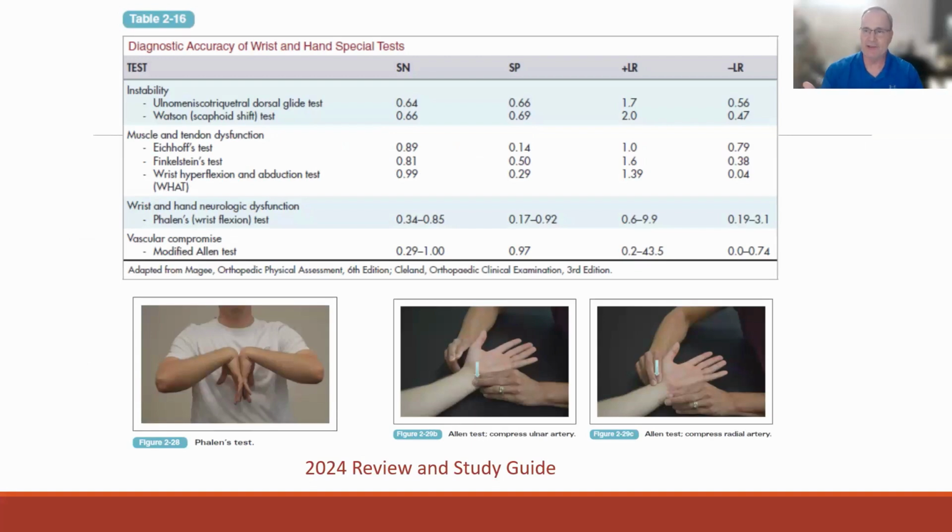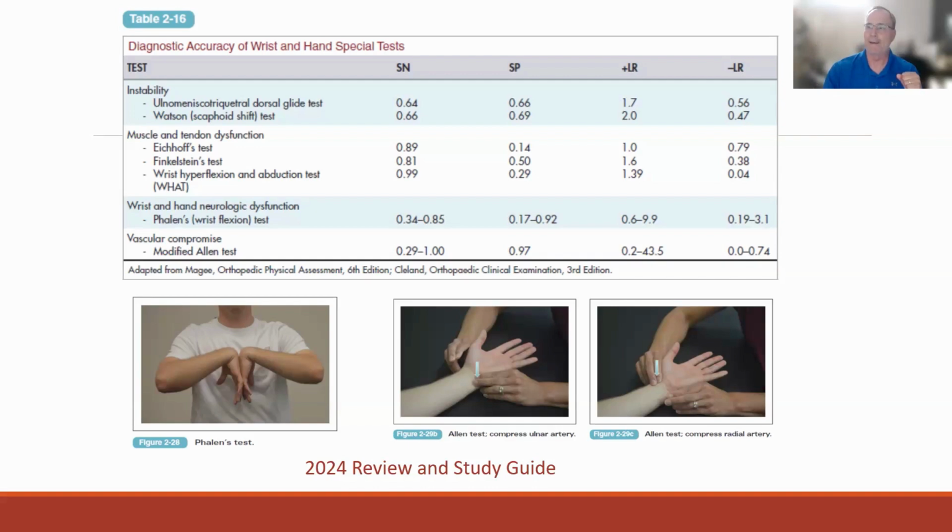The Allen's test is shown down in the bottom right of this slide, where we compress the radial and ulnar arteries together, have the patient pump their fist or hand about 10 times, relieve pressure on the radial artery, and hopefully see good color return to the hand, so good arterial refill of the hand. And then we repeat the procedure, and the next time we release pressure on the ulnar artery. So again, Allen's test is a measure of vascular status, distal arterial patency.